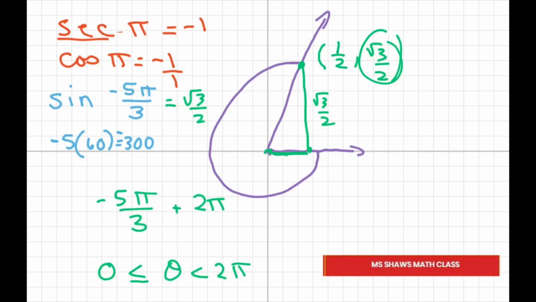So I just put a 3 in here. 2 times 3 is 6, so I change this to 6. When you add that, you get pi over 3, and we know that equals 60 degrees. Okay, so that's another way to think about it. Just think about it in terms of triangles.